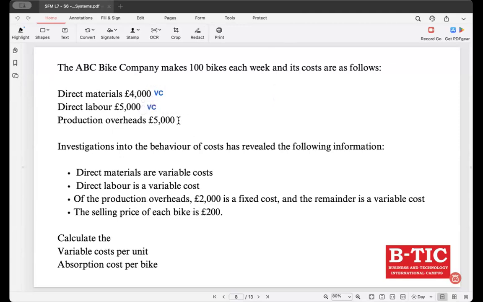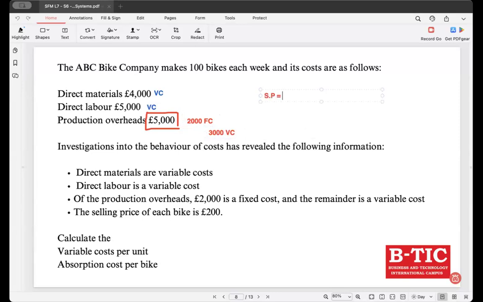Of the production overheads, they say 2,000 pounds is fixed cost, and the remaining 3,000 is variable cost.